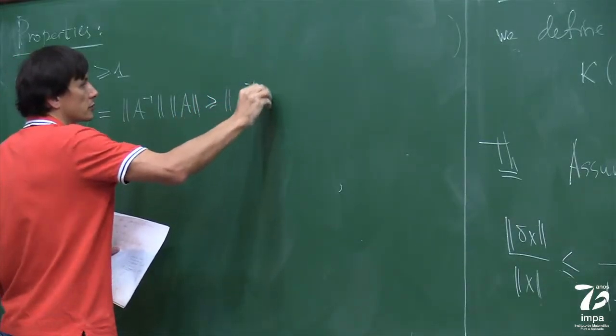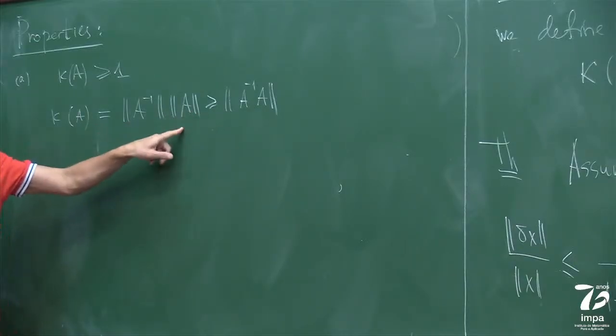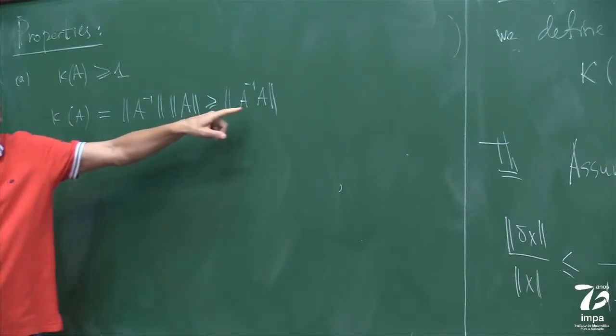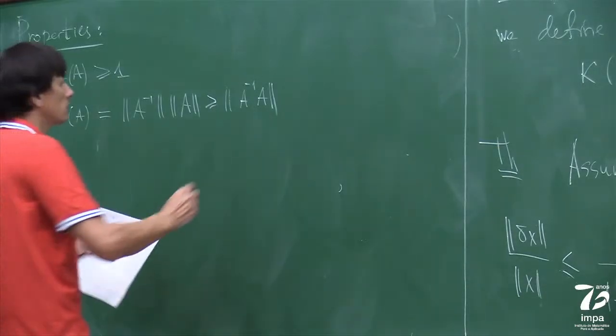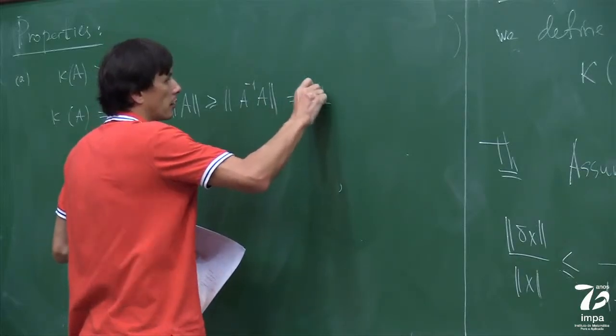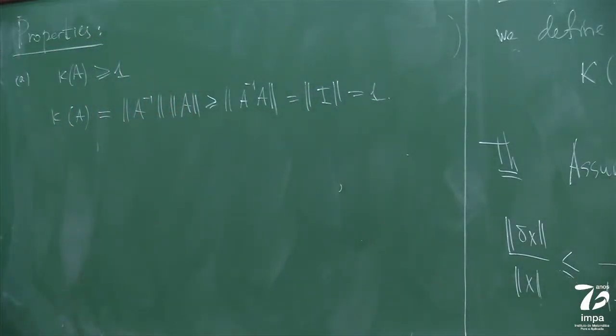This is for any matrix, because this is the maximum amplification of a vector, and this is also maximum amplification, and the product is the direct action of the linear operator. And this is the identity, so this is 1. So it cannot be smaller than 1.